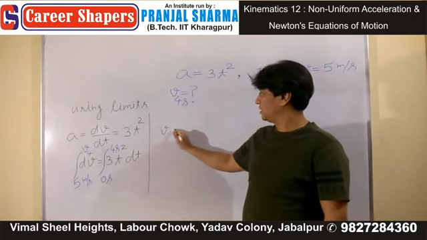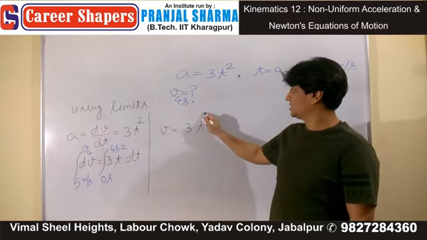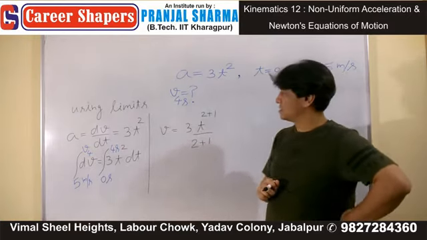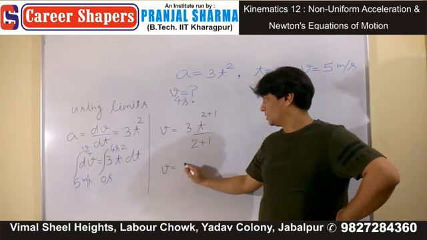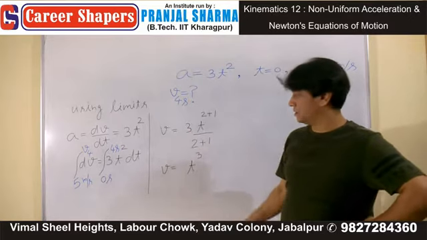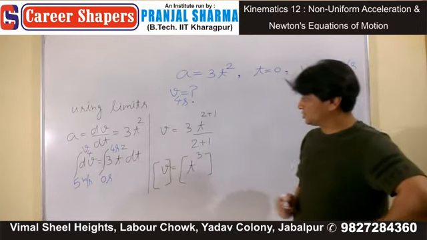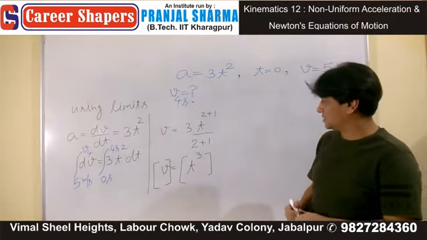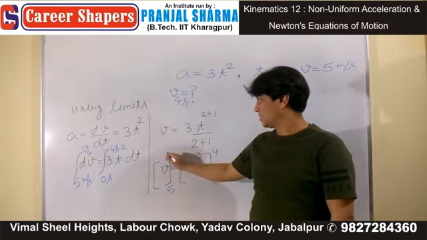Integration of dv is v. Integration of t square is power plus 1 divided by power plus 1. This gives v equals t cube, 3 and 3 gone. Use square brackets, I hope you can see it, and then the limits 0, 4, 5, v4.